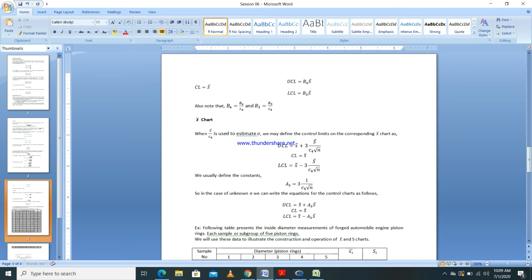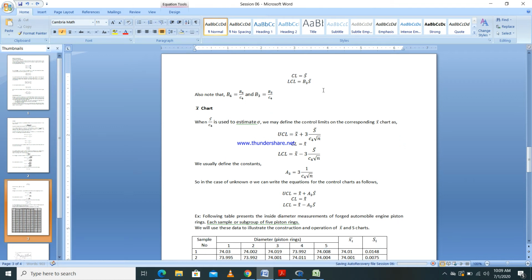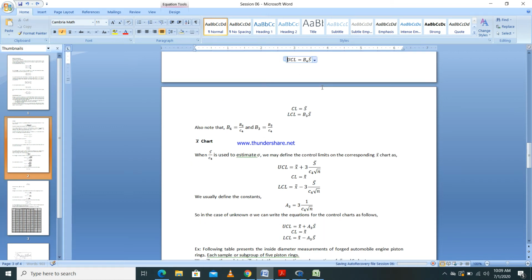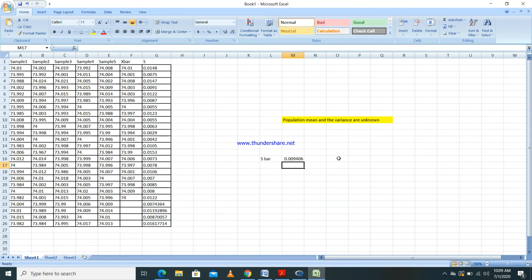Now if you look at the equations, the center line value we know. I'll write it here. So the center line value is equal to 0.0094.